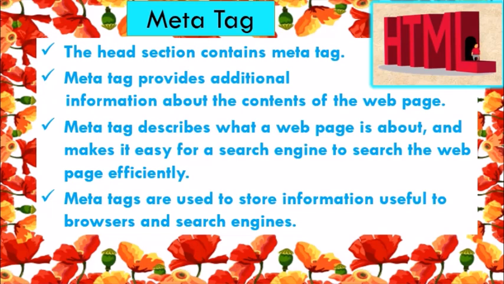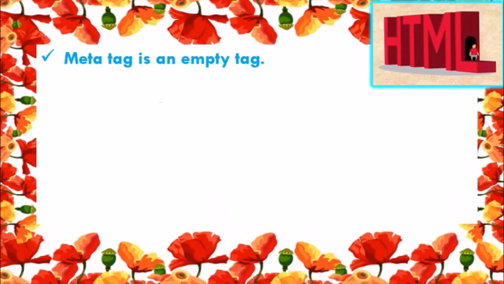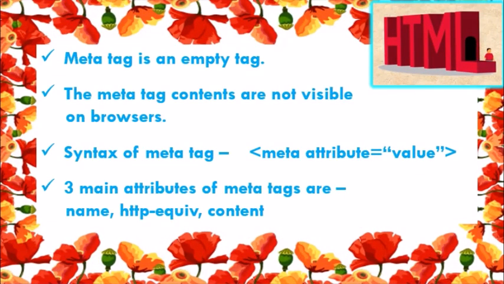Meta tags are used to store information useful to browsers and search engines. Meta tag is an empty tag because it has only opening tag. It doesn't have a closing tag. The meta tag contents are not visible on browsers.